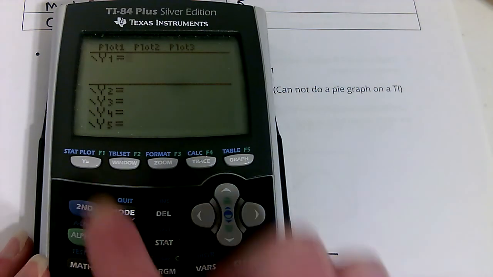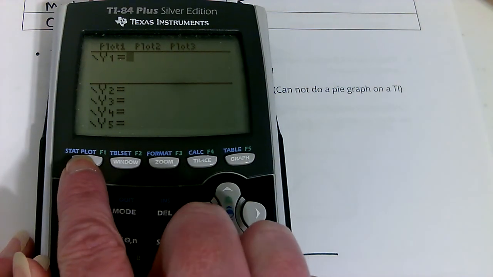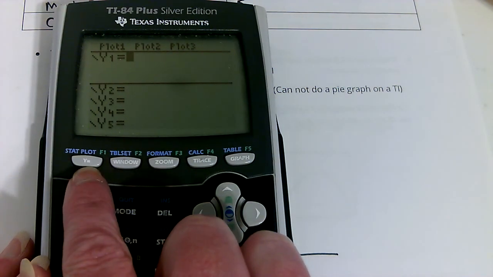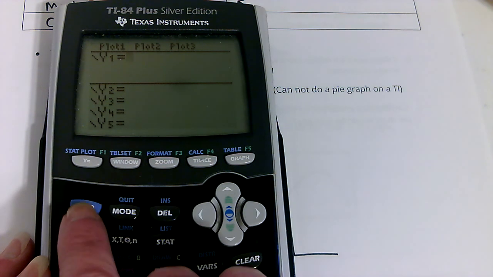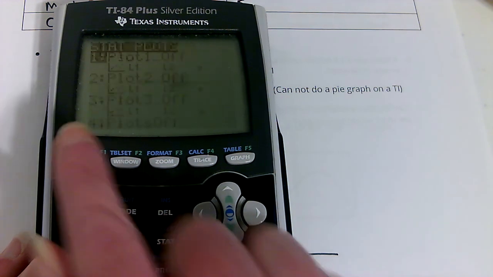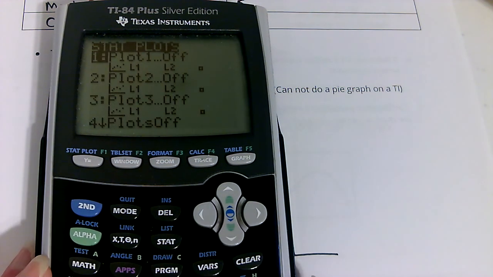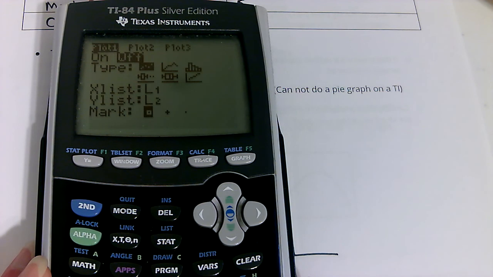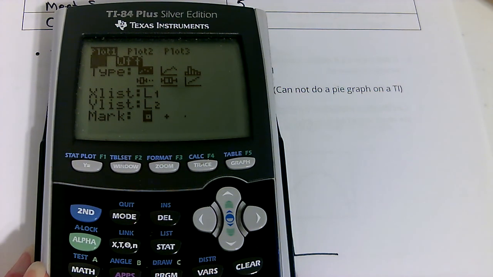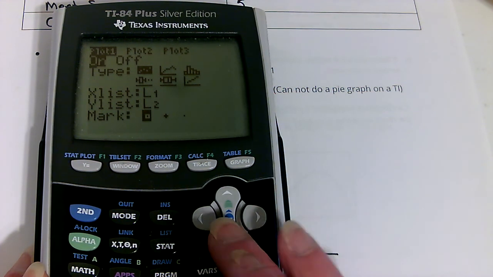Since we're in statistics, we're going to go into stat plot, and it's in blue over the Y equals. So I'm going to press second Y equals, and I'm going to go to the very first option, plot 1. I want to turn on this graph.